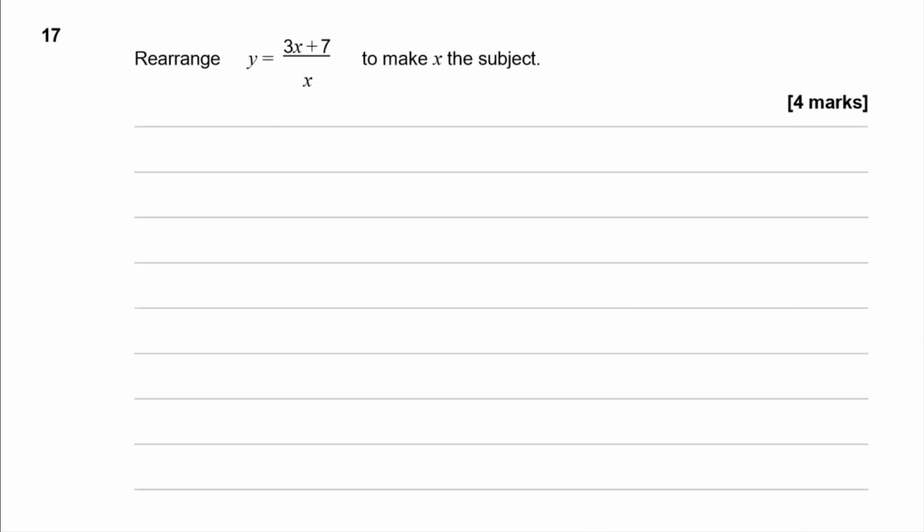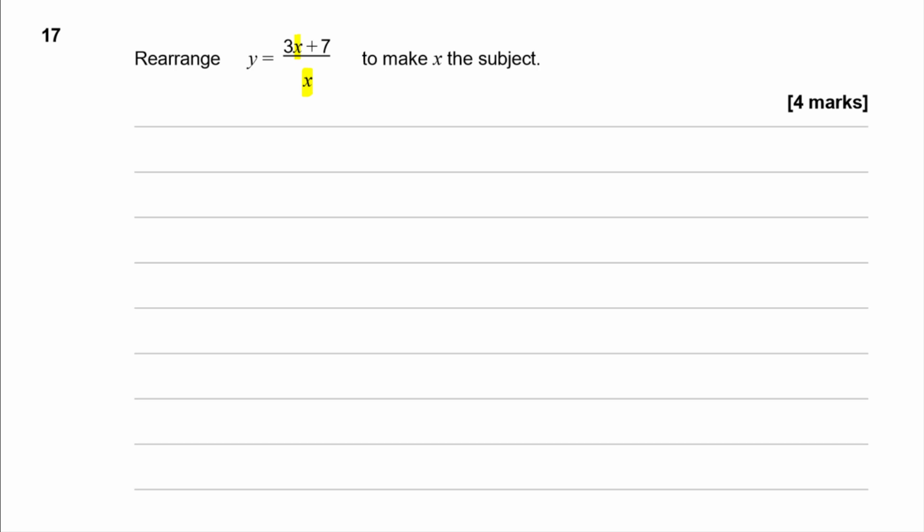Question 17, rearrange y equals 3x plus 7 over x to make x the subject. Now this is a slightly trickier rearrangement because can you see I've got an x in two different places in this equation. So we need to recombine them at some point so I can make x equal to something. Otherwise, if I was just collecting that one x, I'd still have x on the other side.